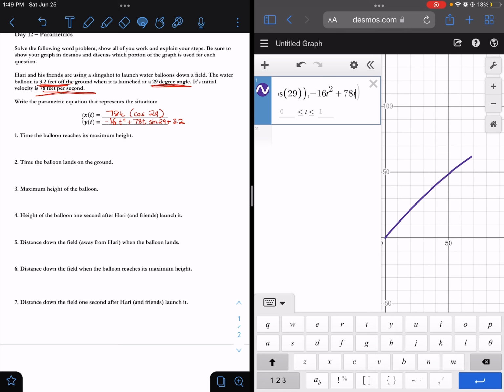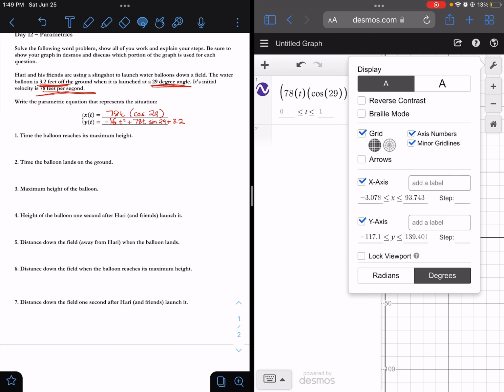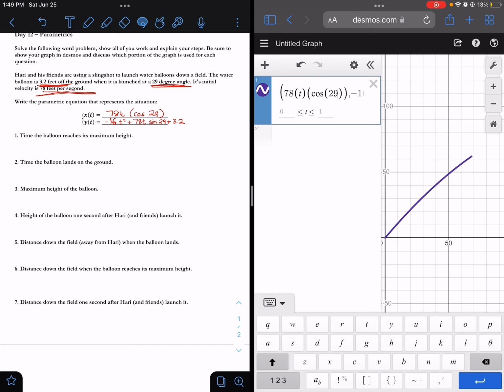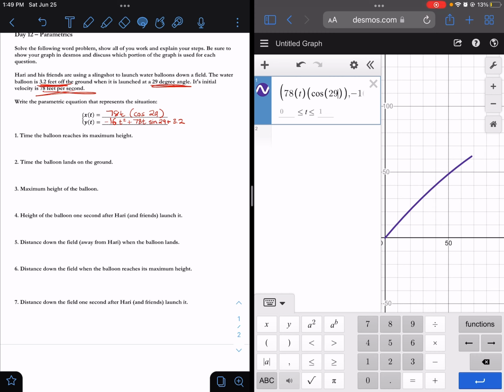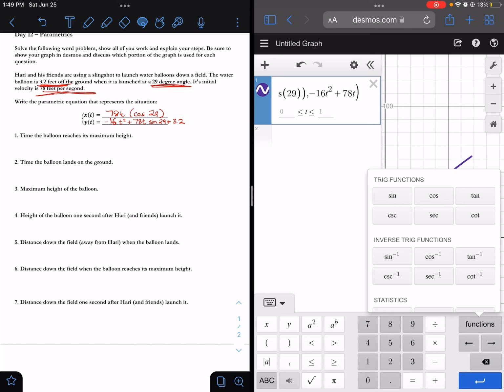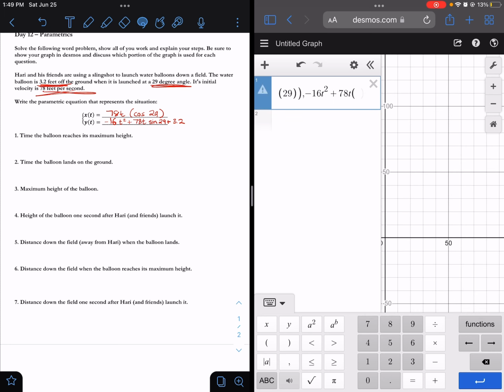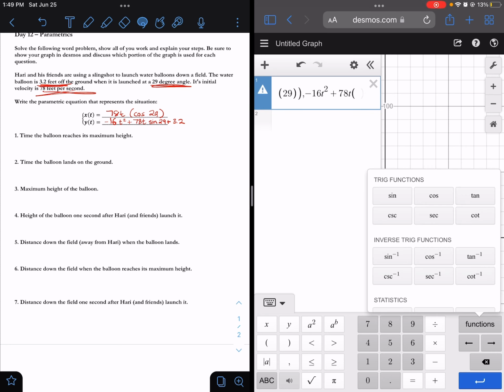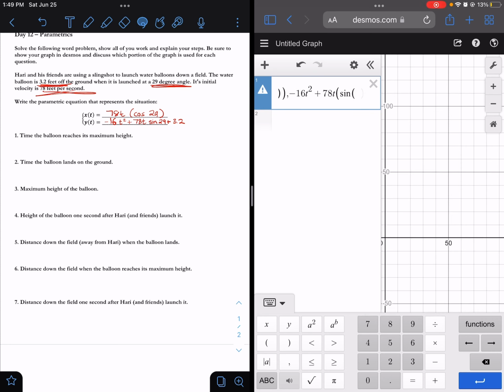And we have to also make sure that this is in degrees, which it is. I already checked that. So we have negative 16 t squared plus 78 t times the sine of 29, close parentheses, and then plus 3.2.